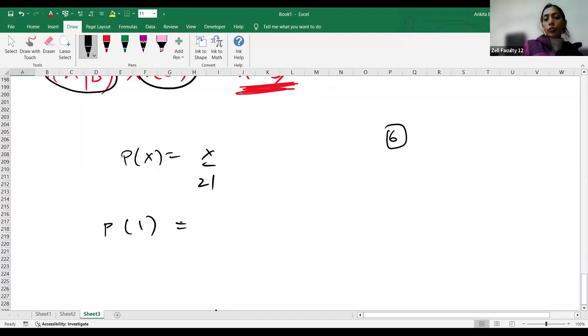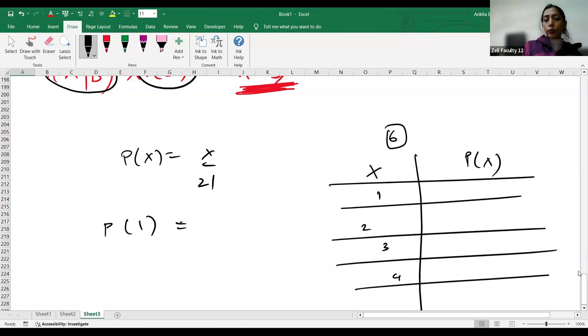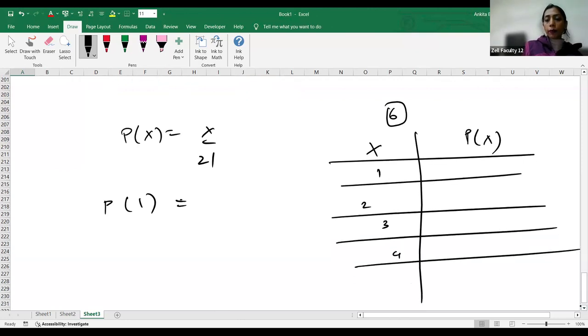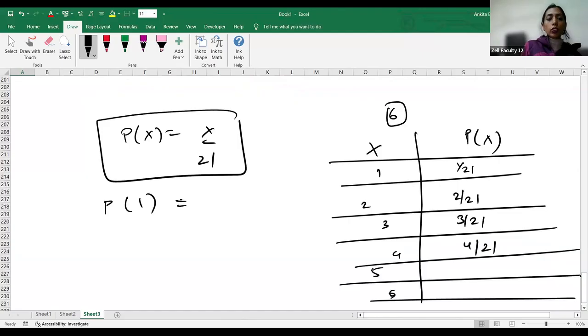If I draw x and probability of x here, with 1, 2, 3, 4, 5, and 6, the probability of getting 1 would be 1 by 21. Getting 2 is 2 by 21, then 3 by 21, 4 by 21, because the function is probability of x is x by 21. This is 5 by 21 and this is 6 by 21.